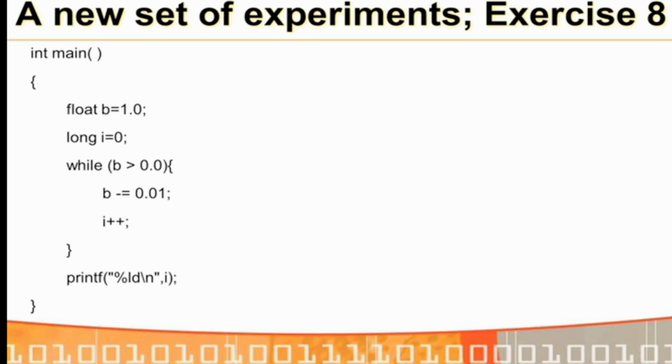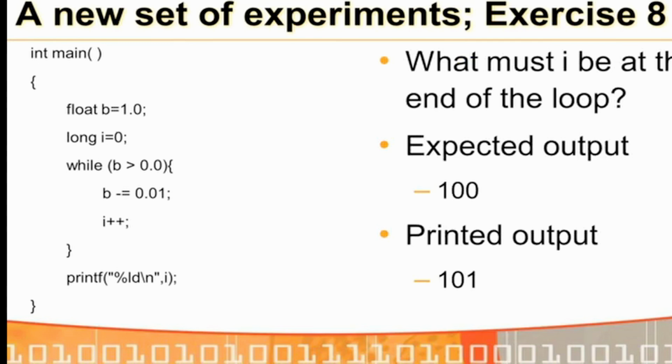So, the last one, we will do a new set of experiments. We start with 0 and do this. What must I be at the end of this loop? Expected output is 100. We start with b equal to 1, while b is greater than 0.0, do b equal to b minus 0.01, i plus plus.